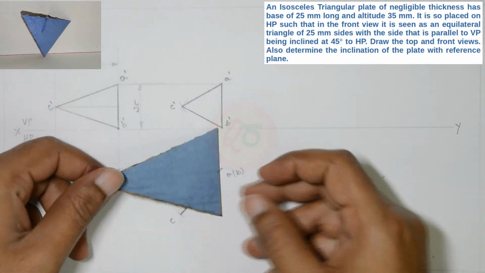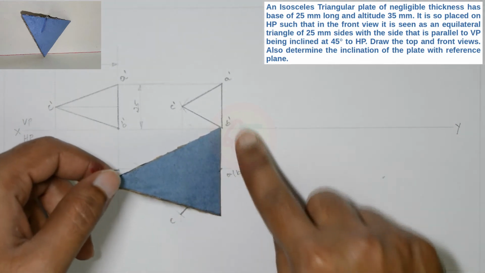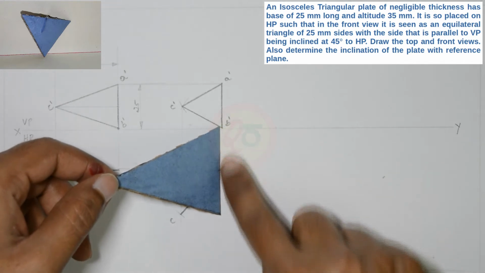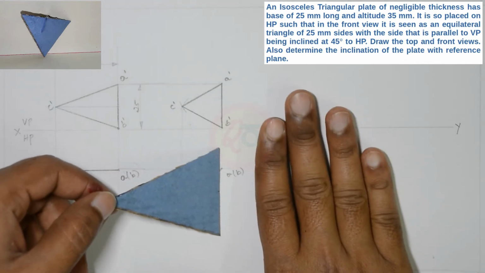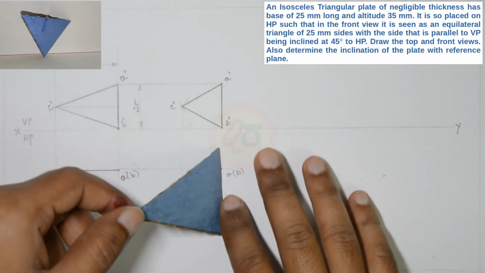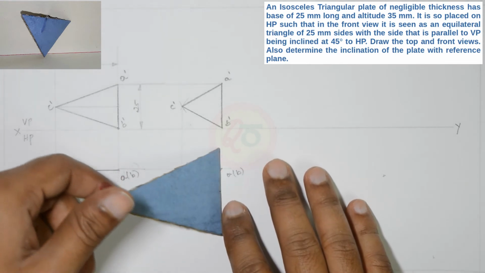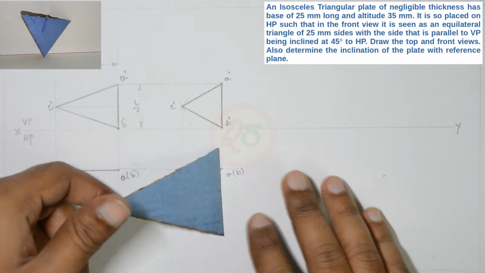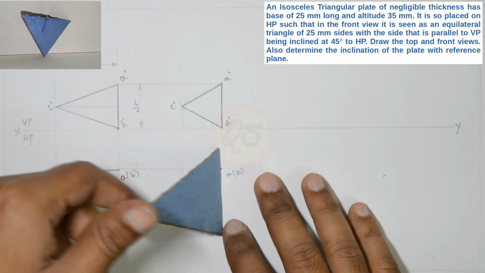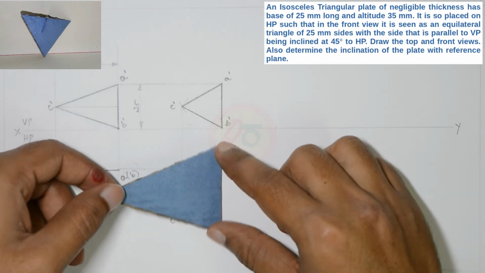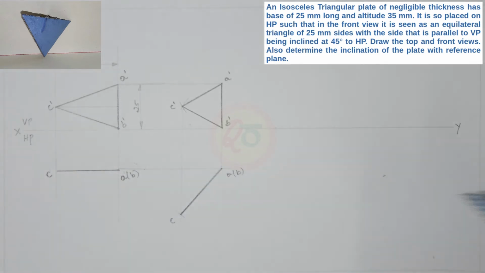If you observe, when I give inclination like this, since this edge is parallel to the sheet of paper, it doesn't change in its length. The projected length remains the same even though the inclination varies. Okay. Hence, this edge is now going to make a 45-degree angle.